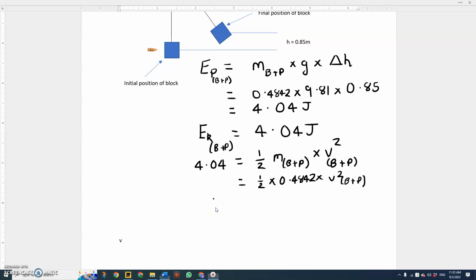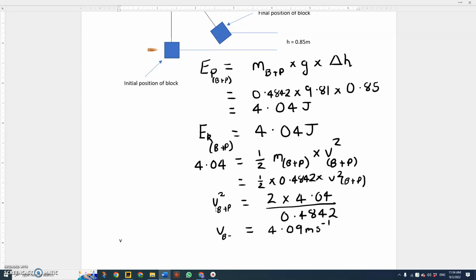So if we rearrange that, the speed of the block and the pellet is given by 2 times 4.04 divided by 0.4842. Okay, and that speed is 4.09 meters per second, which is the speed of the block and the pellet.